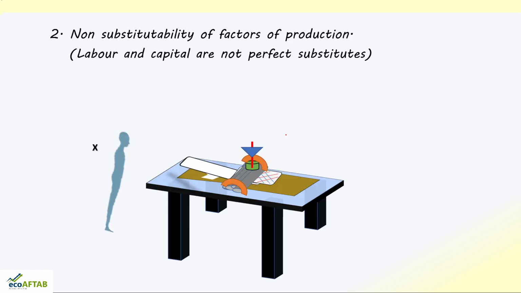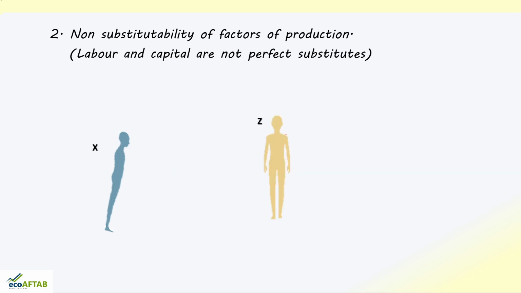This is one reason. The other reason is that the fixed factor and variable factor cannot be substituted for each other: non-substitutability of factors of production. Here, if one laborer is working on one machine, you cannot say that I do not need the machine, and instead of the machine I will bring in one more laborer.